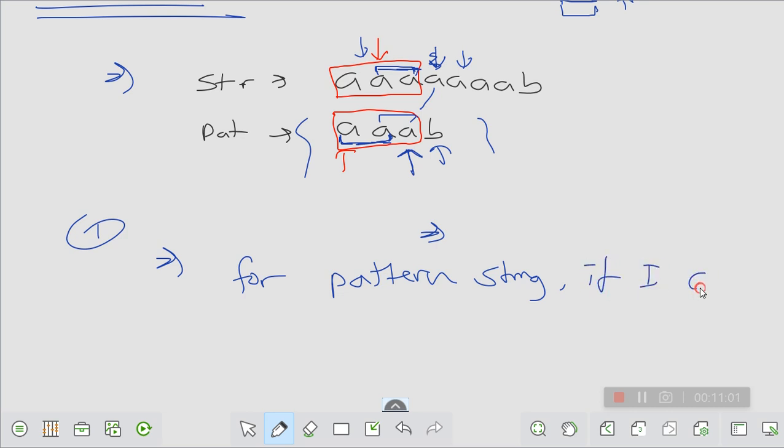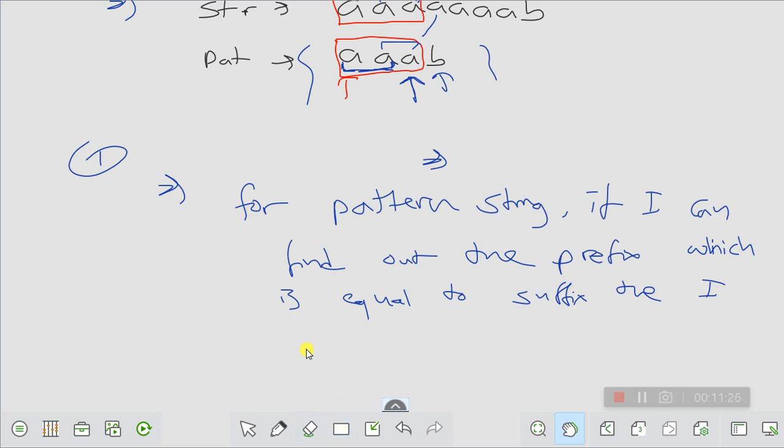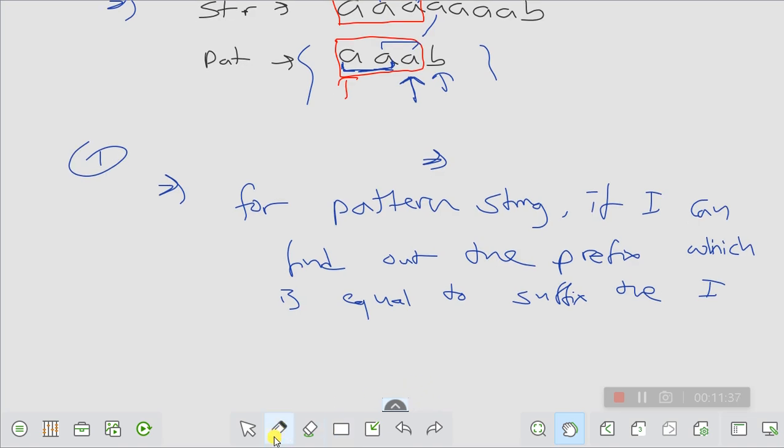If I can find out the first part, which I will get if I am able to find out the prefix which is equal to the suffix, then I can avoid some comparison, no doubt.